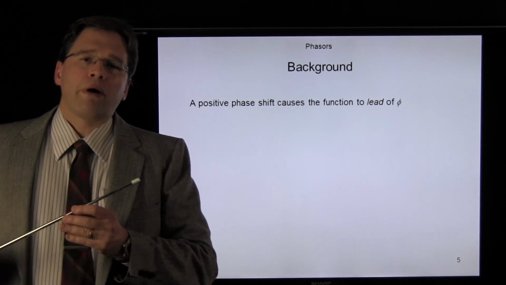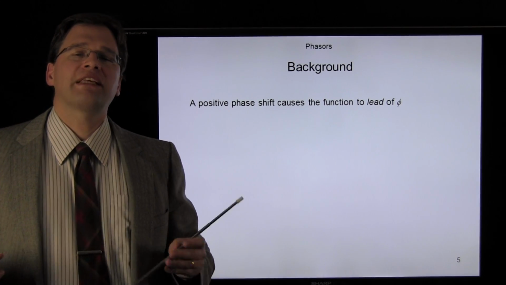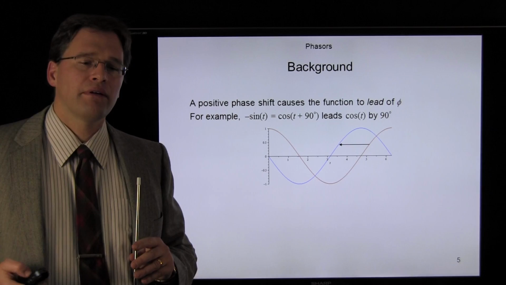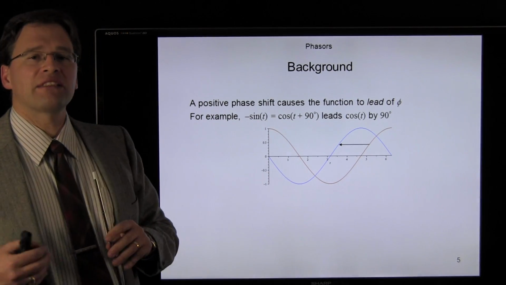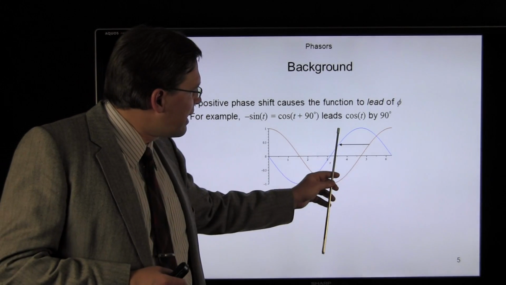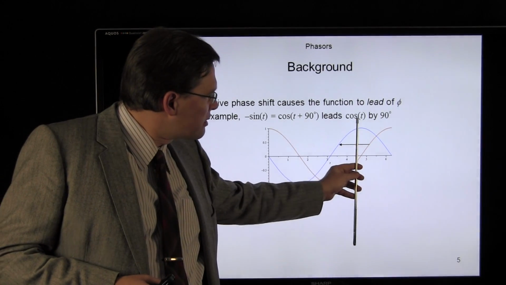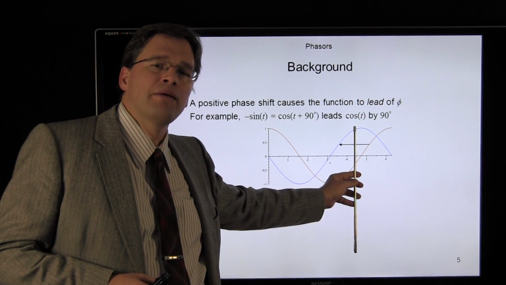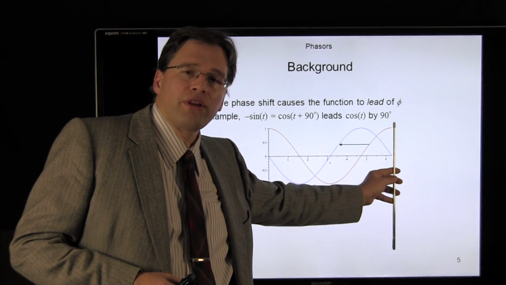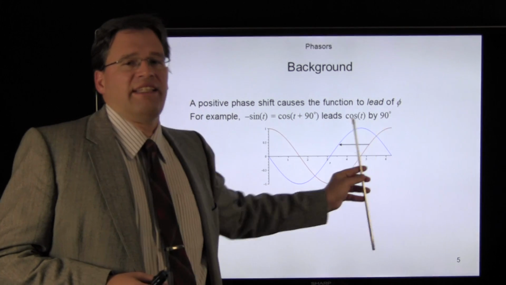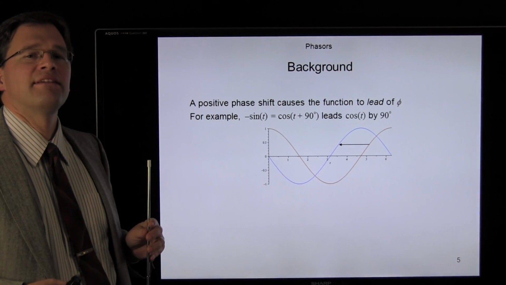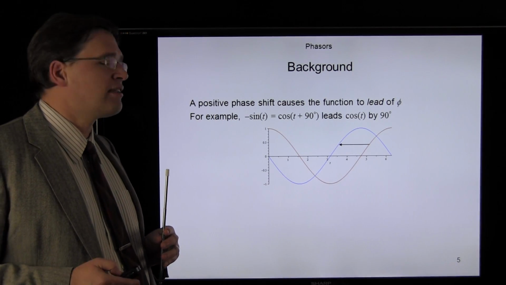Now, a positive phase shift means that a function is leading in time. So for example, negative sine of t is cosine of t plus 90 degrees. Now if we look at this as time advances, we notice that negative sine peaks before the cosine function. So therefore negative sine is leading the cosine function in time.